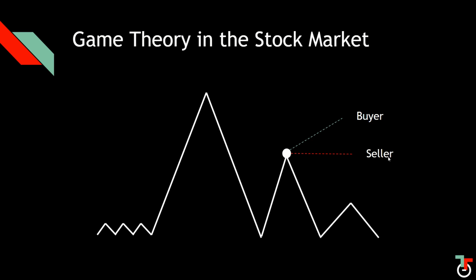Let's look at potential scenarios of what would lead somebody to buy here and what would lead somebody to sell. We're going to assume that the buyer is buying to open a position, and the seller is selling to open the position, so not selling to close. They're both entering a position for the first time. Why would a buyer buy here? The buyer could have a strategy of a 50% reclaim of this dip.